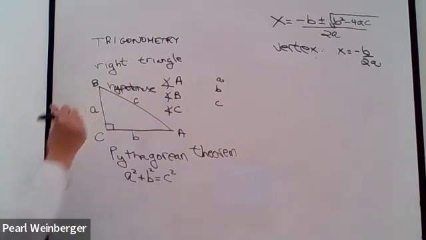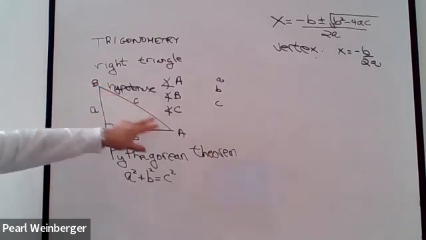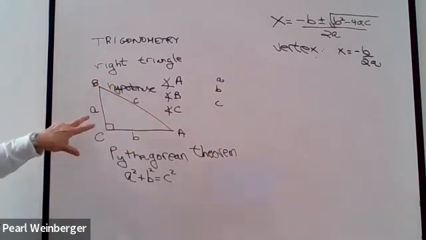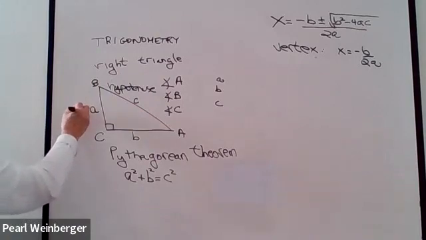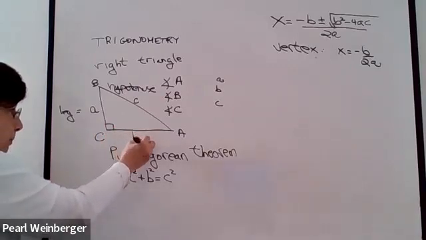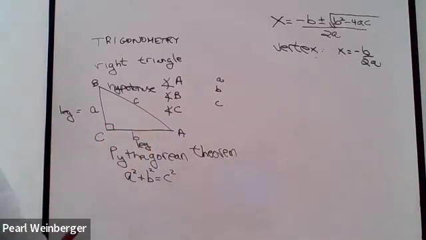I don't think it has any relation to the hyperbola, it just starts with HY. Maybe there is, I don't know. Anyway, this side here is the hypotenuse. The other two sides are called the legs. There are two legs, leg A and leg B. So the legs are the two shorter ones, and the hypotenuse is the longer one, the one that's directly across from the right angle.